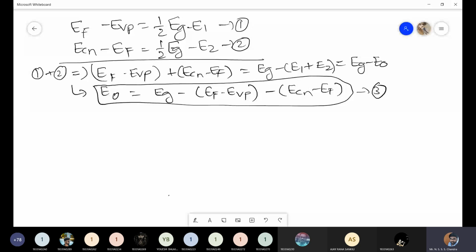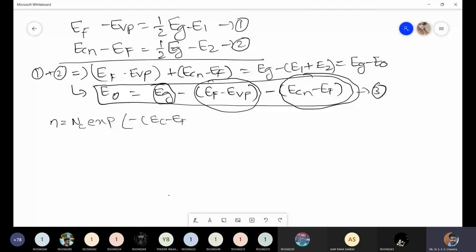So from this, what I will be doing is writing the expression for EG, the expression for this second term and for the third term. That's what we are going to do. First, we shall consider the equations for the electrons. If you remember, the expression for the electron concentration n is equal to Nc into exponential of minus of Ec minus Ef by kT.